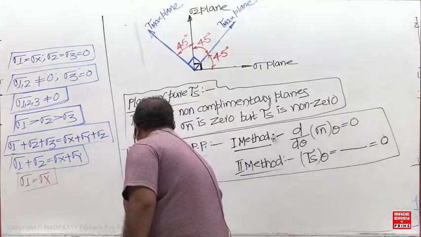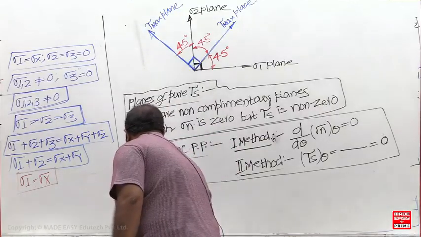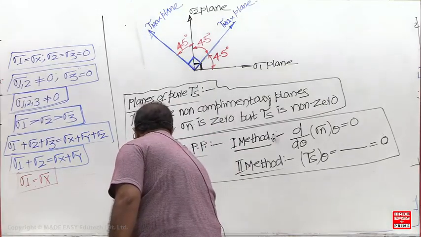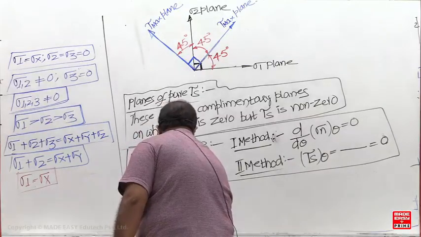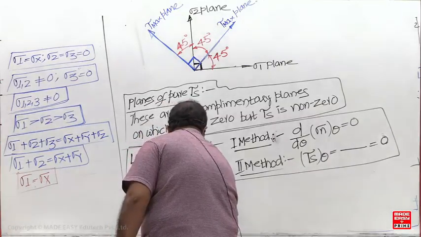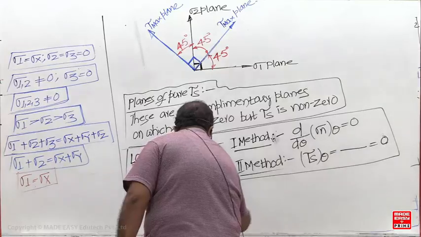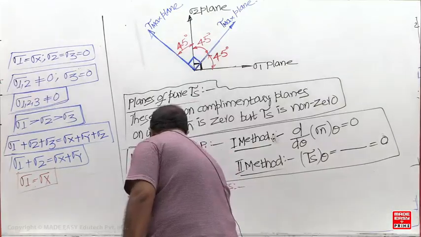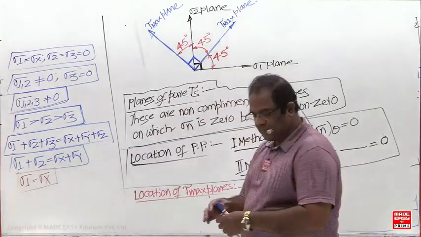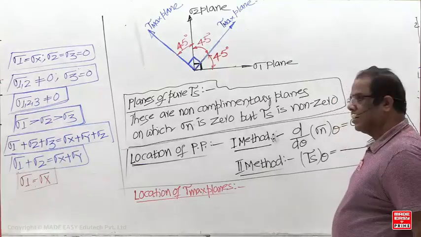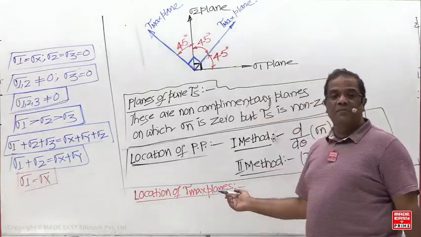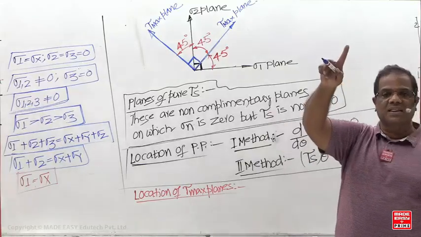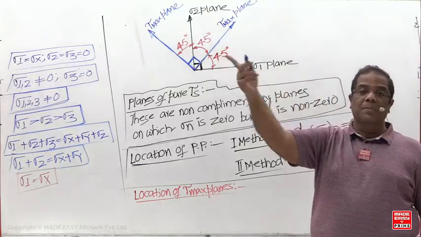Next, what about the tau max planes? Location of tau max planes. On the tau max plane, shear stress is always maximum, but normal stress may or may not be 0.